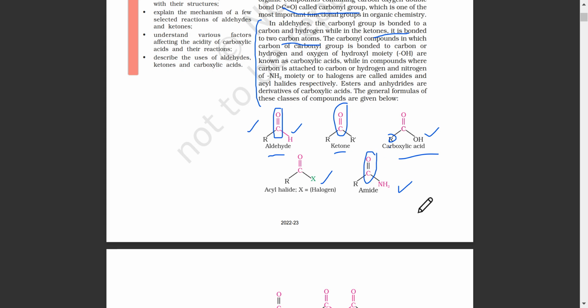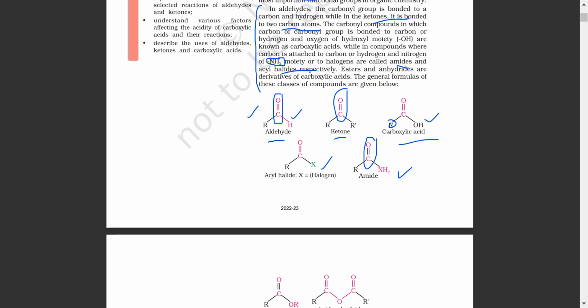So now that we're not even missing out a line, we'll still read this paragraph. The carbonyl compounds in which carbon of carbonyl group is bonded to carbon or hydrogen and oxygen of hydroxyl moiety are known as carboxylic acids, while in compounds where carbon is attached to carbon or hydrogen and nitrogen of NH2 moiety or halogens are called amides and acyl halides, respectively. Esters and anhydrides, again, something that we pretty much missed.